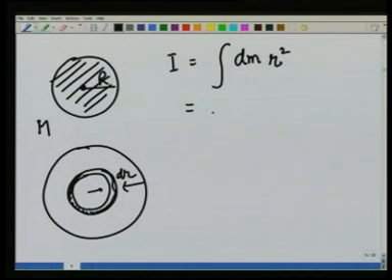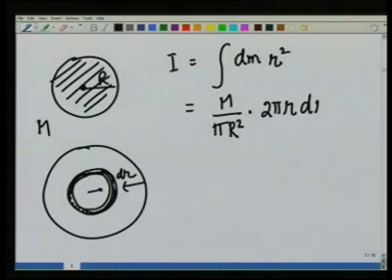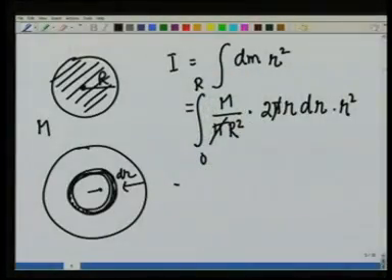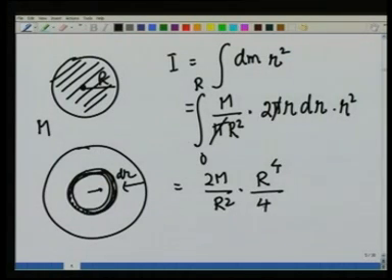dm is going to be mass per unit area of the disc, which is m divided by pi r square times the area of this small section that I have taken, and this is going to be 2 pi r dr times r square integrated from 0 to r, and what I get is this pi cancels, 2 m over r square times r raised to 4 divided by 4, and the result comes out to be m r square by 2.